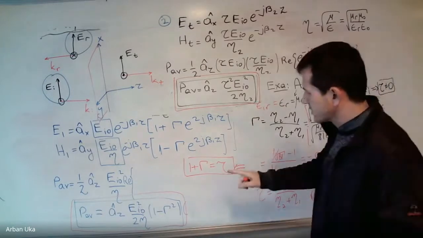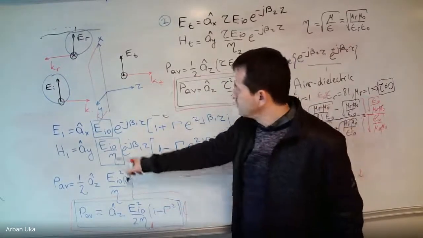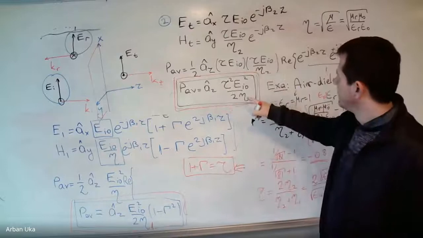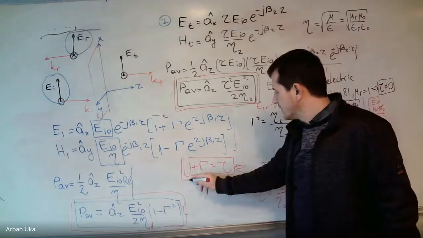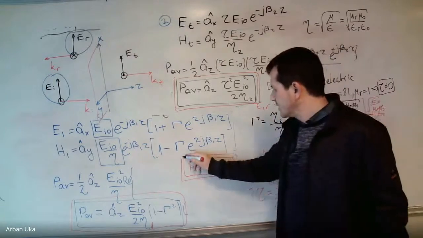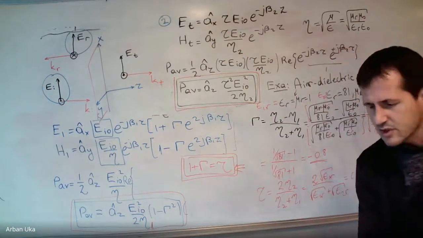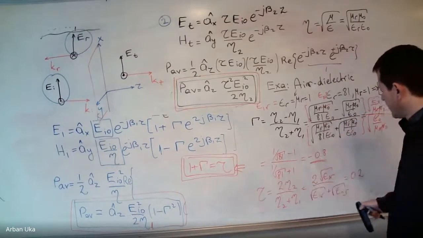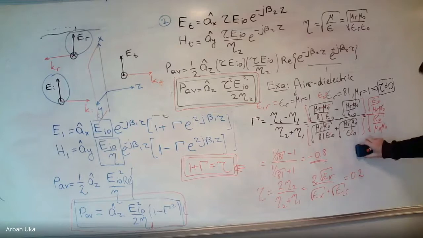And here we have to fix one thing. This is eta 1, because this was medium 1, we forgot to write it over Z, and this is eta 2. So one essential relationship is this, which relates how the reflection and transmission coefficients are related. Let's keep this here.